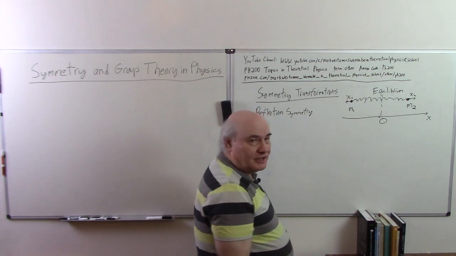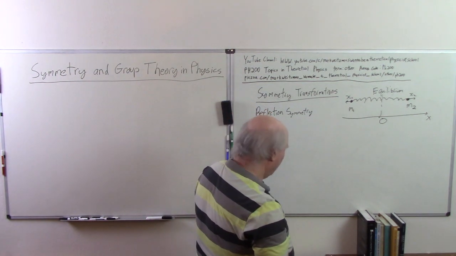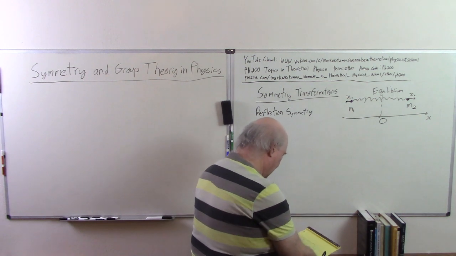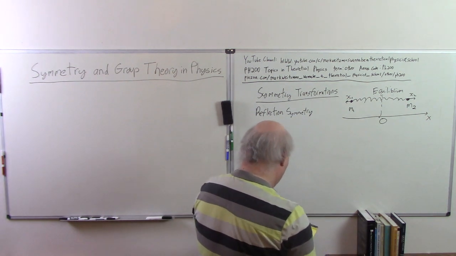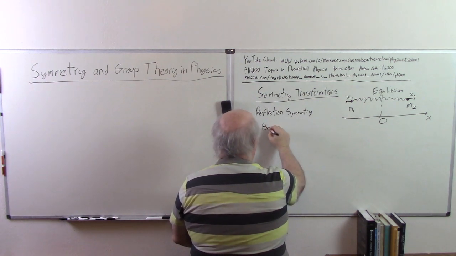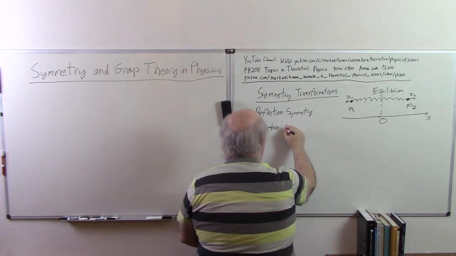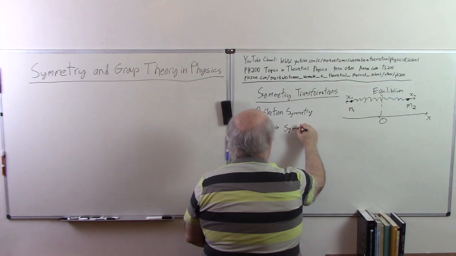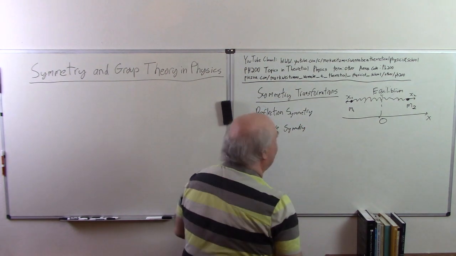So what happens is we basically say that before the symmetry, we describe the system by a vector.